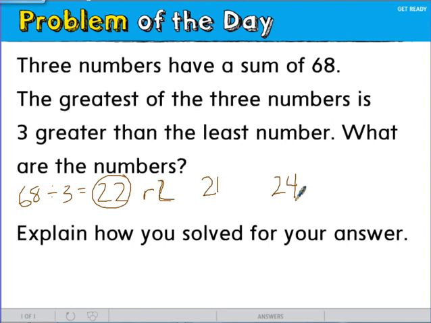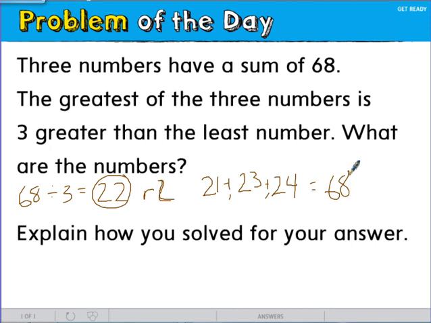So what number do I need left to make 68? 23. And that fits right in between the two, so that follows the rules that they gave me, correct? 21, 23, 24. If we add them all together, that will equal 68.